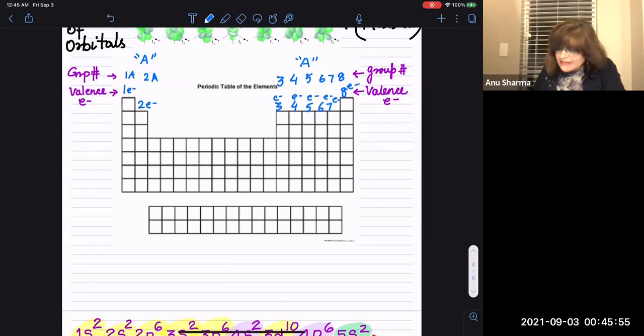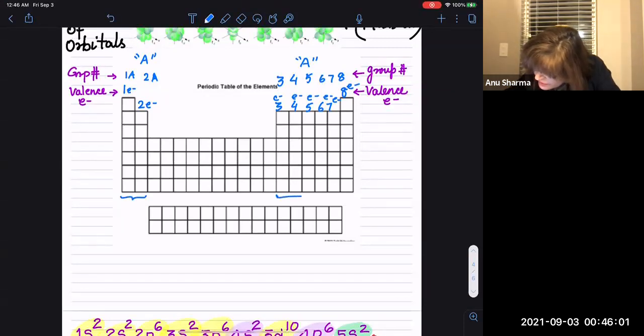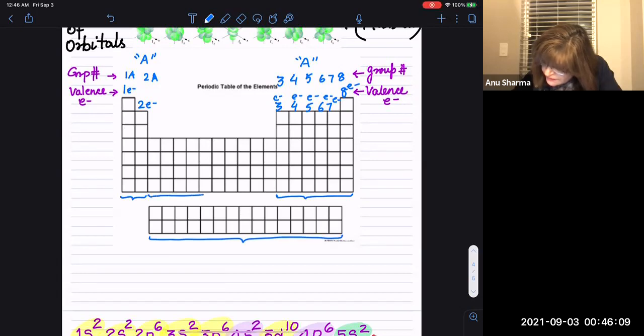Besides that, this piece right here, these two blocks and these blocks and these ones over here, these are the S block. This is the S block, this is the D block, this is the P block, and this is the F block.